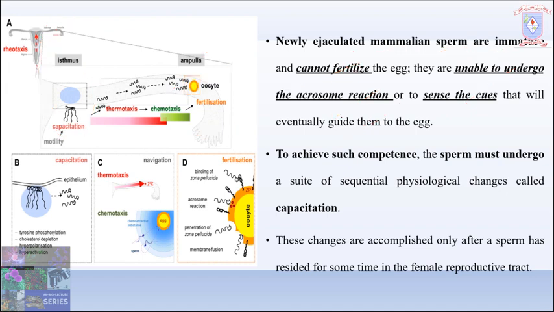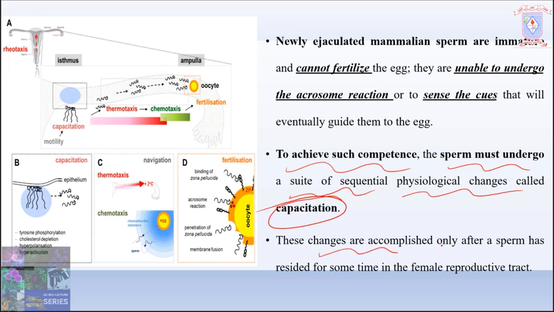So actually, sperm achieves some competence to fertilize the egg inside the female reproductive tract. So the final maturation of the sperm takes place inside the female reproductive tract only. To achieve such competence, the sperm must undergo a suite of sequential physiological changes called capacitation. These changes are accomplished only after the sperm has resided for some time in the female reproductive tract.